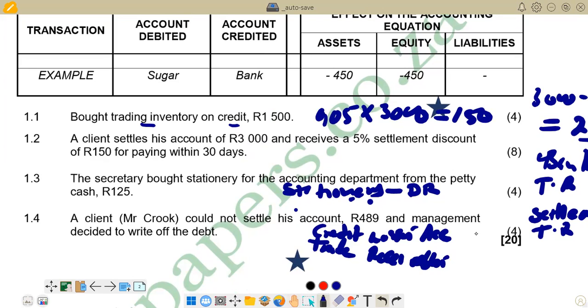So the one that we are debiting is this one, credit losses. Remember, this is an expense, and this one we are crediting. We are crediting trade receivables, which is an asset. So we are making these entries using 489. So we go back there and summarize this one.